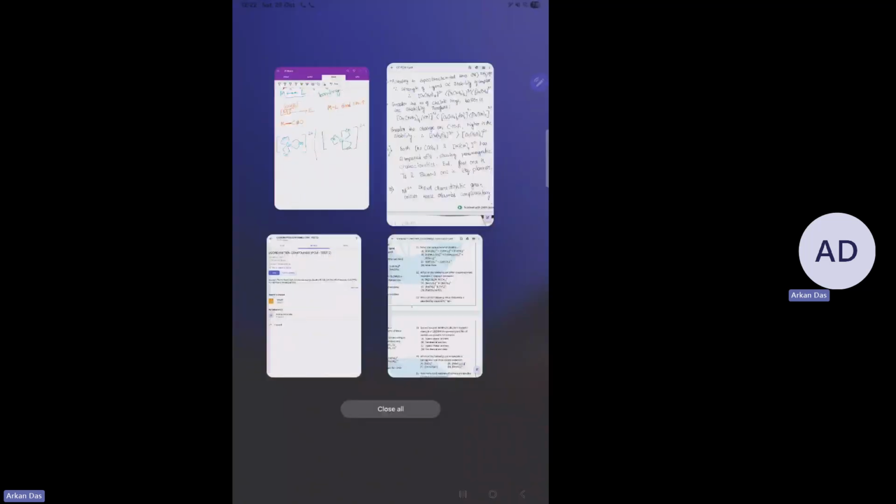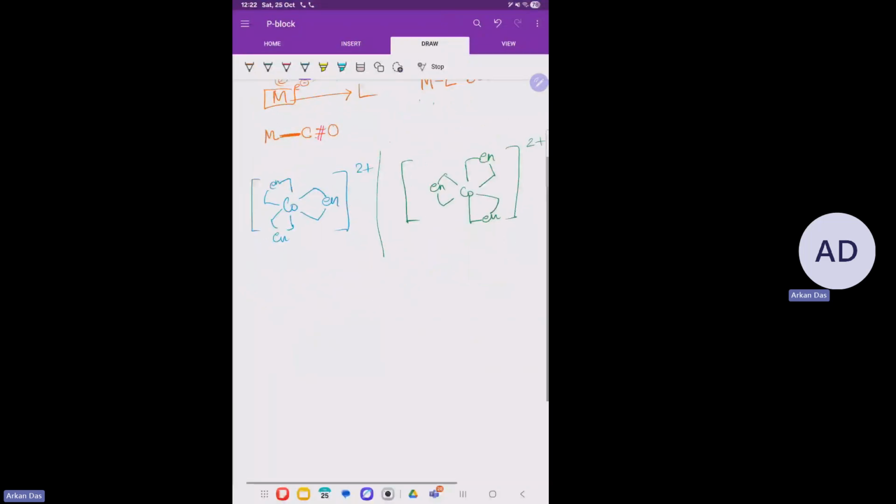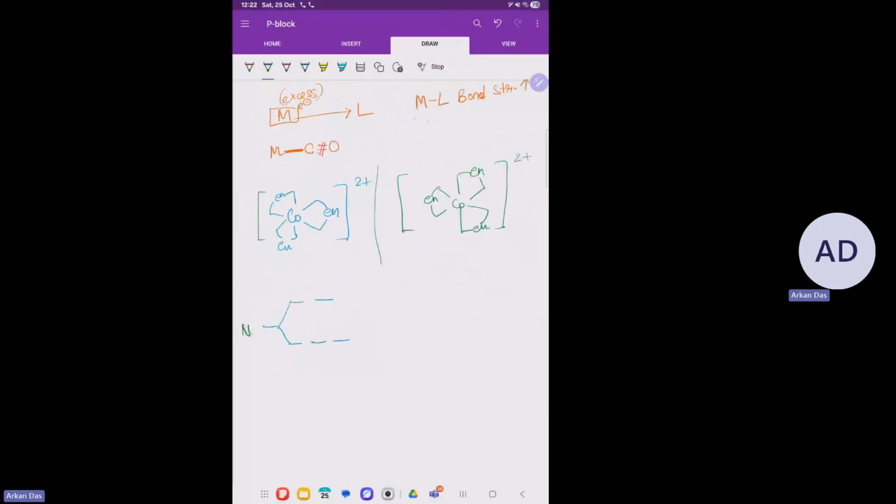Let me help you with it. When you draw the d orbitals for nickel, the arrangement will be given like this, in case of Ni(CO)4 and in case of [Ni(CN)4] 2 minus. Here it will show you tetrahedral.